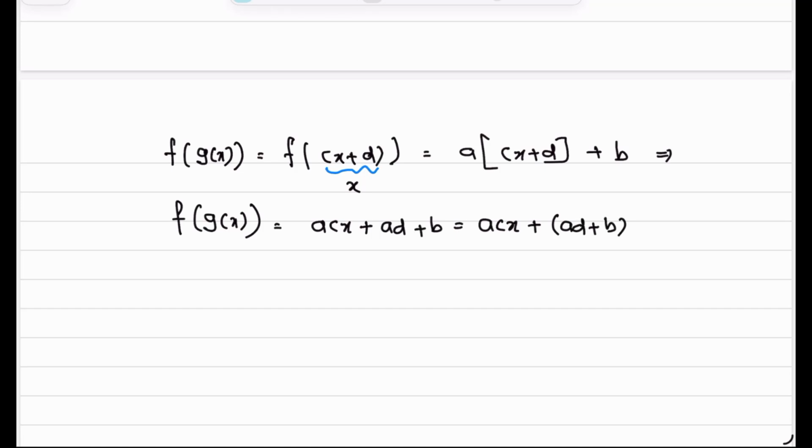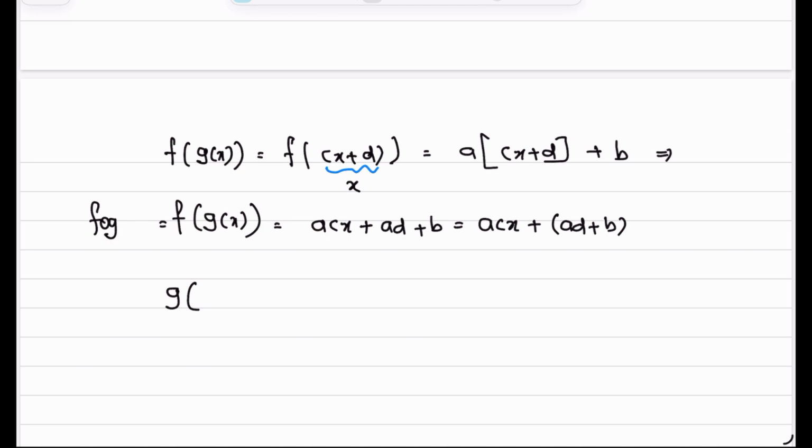Now, let us see what is g of fx. That is gof x. That is equal to g of, what is function x? Ax plus b. Wherever x is there, that will be replaced in g by ax plus b.